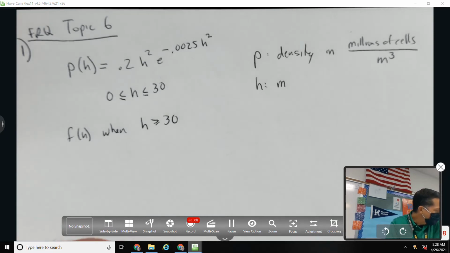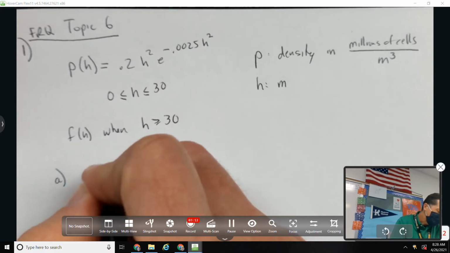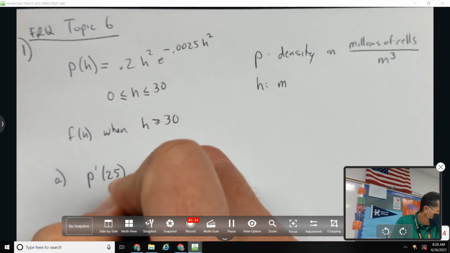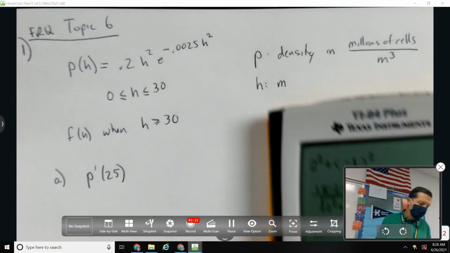Part A, find P prime of 25, and interpret the meaning of that in the context of the problem. Well, that derivative at 25. We'll worry about the meaning in a minute.